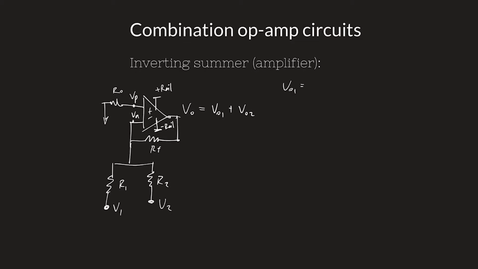Everything else about this circuit, as long as all the components operate linearly, then V1 can be considered by itself, ignoring V2. Not ignoring it, but setting it to 0. So turn on only V1, set V2 to 0. If V2 is 0 volts, that means it's grounded.